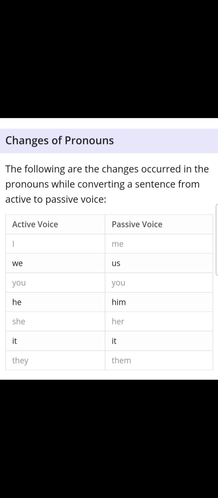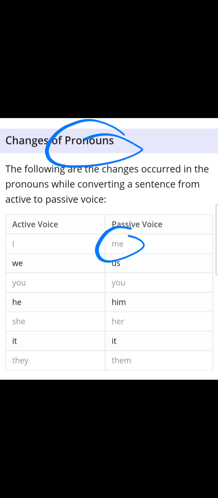My dear students, there are some changes of pronouns which we make. You might be thinking, in the first example, I write a letter, why have we written a letter is written by me? It is because when we are changing active voice into passive voice, we need to change the pronouns. The following are the changes that occur in the pronouns while converting a sentence from active to passive voice.